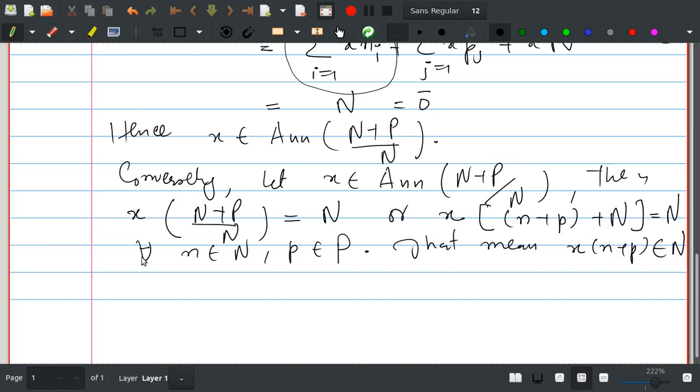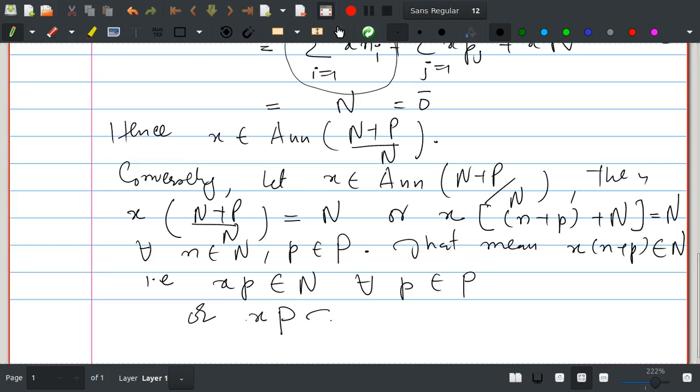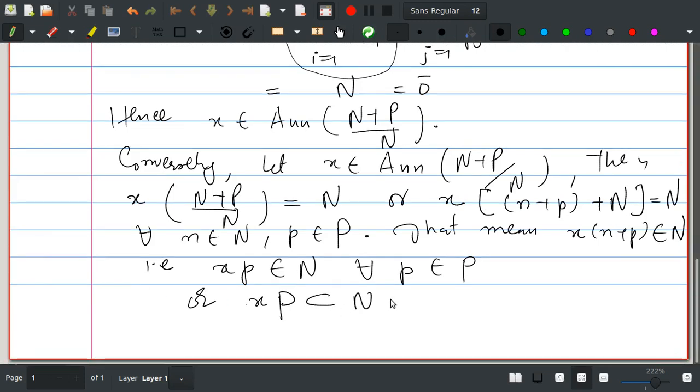That is, xp is in N for all p in P, or xp is contained in N, hence x is an element of N colon P.